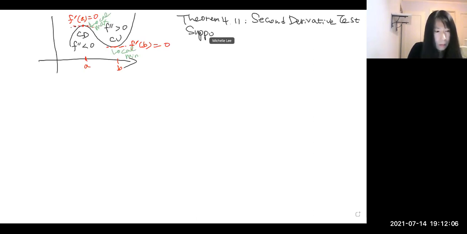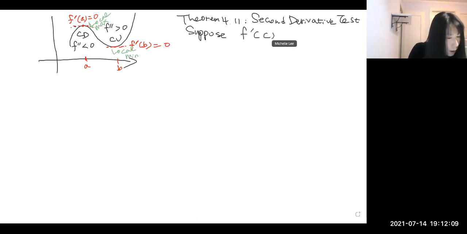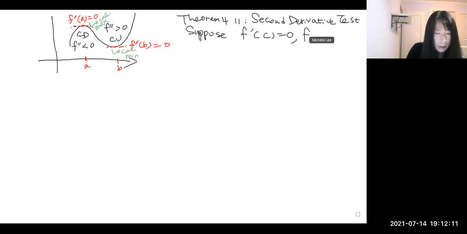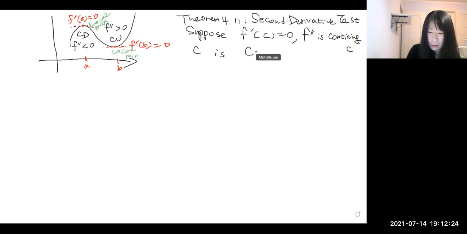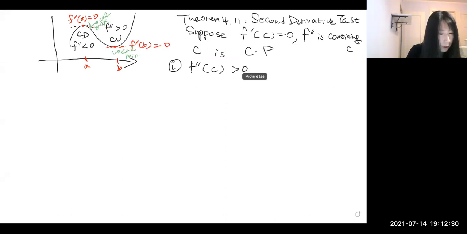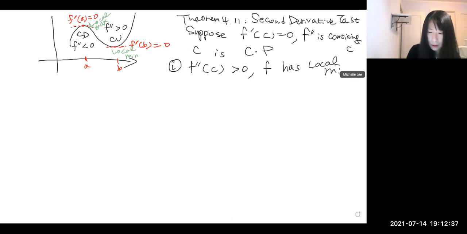Suppose f prime of c equals 0, and the second derivative is continuous containing c. Okay, so in this case, critical points, all right? Then if f double prime of c is greater than 0, then f has a local minimum, okay?